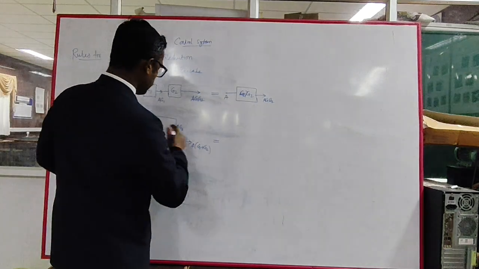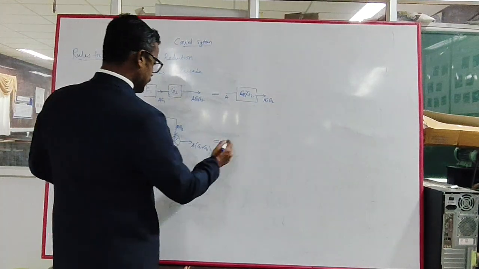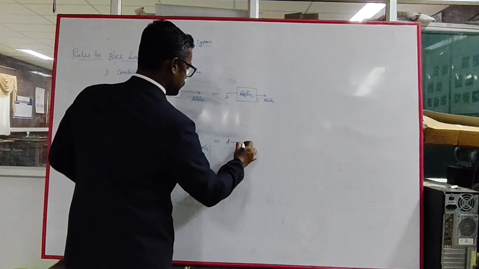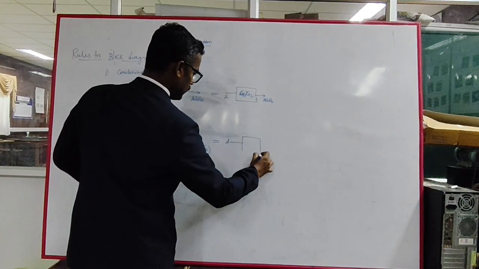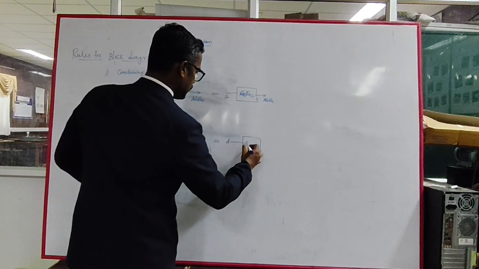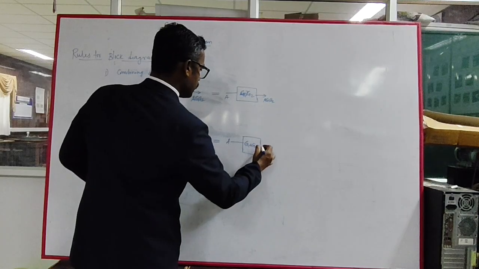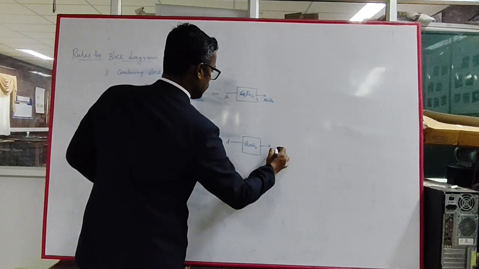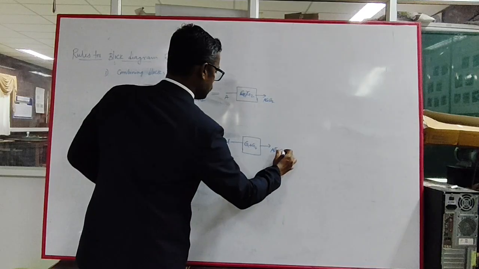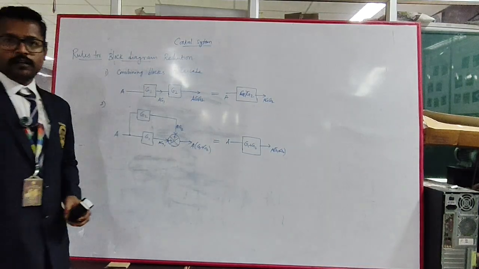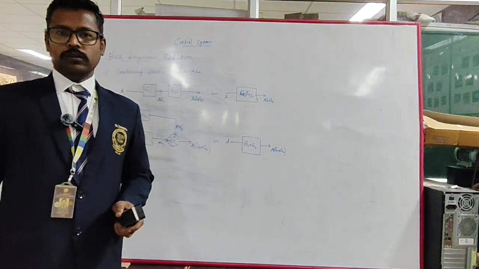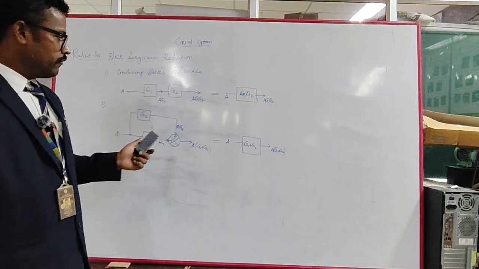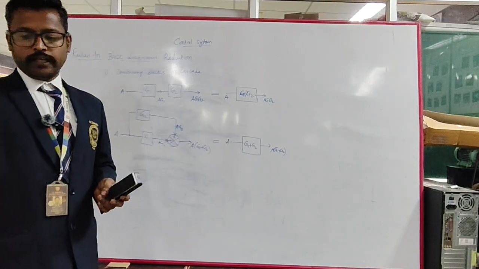So you can simplify this as the signal A given to a single block. When they are in parallel, you have to just add up the gains. You will get the same A into G1 plus G2. Okay, so this is the second rule: while the blocks are in parallel, we have to add the gains.